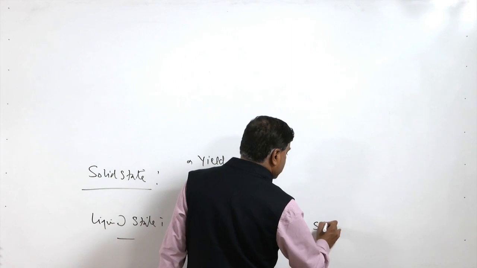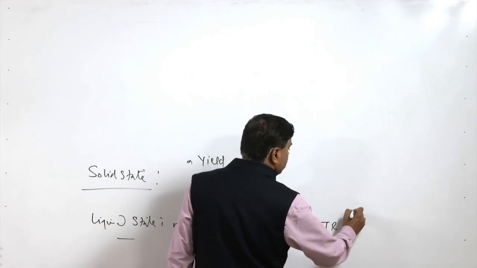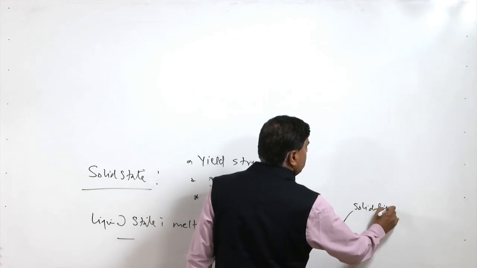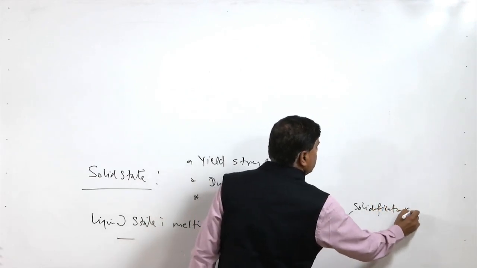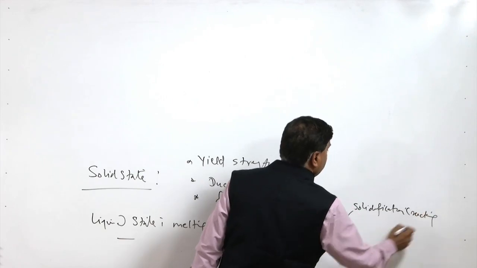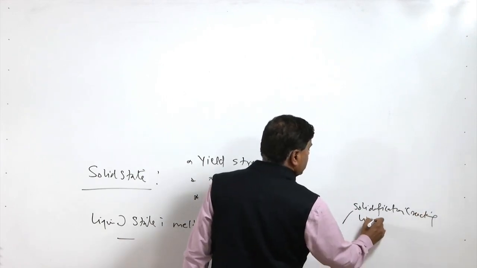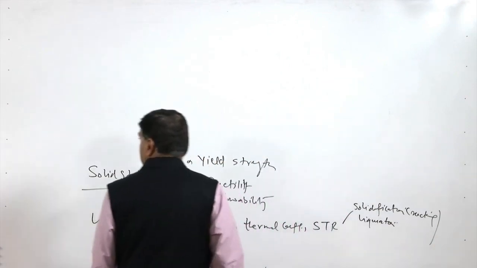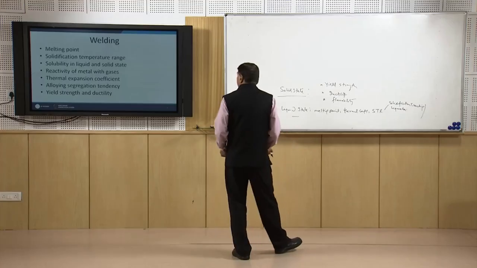Then the solidification temperature range: in case of welding, a high range increases the solidification cracking tendency, and another form of cracking, liquefaction cracking tendency, is also observed if the solidification temperature range is high.